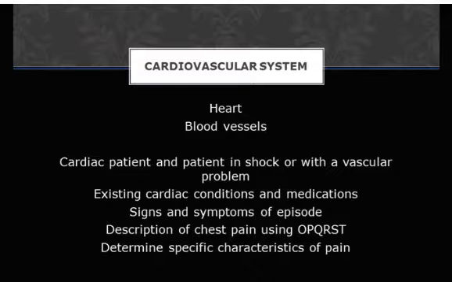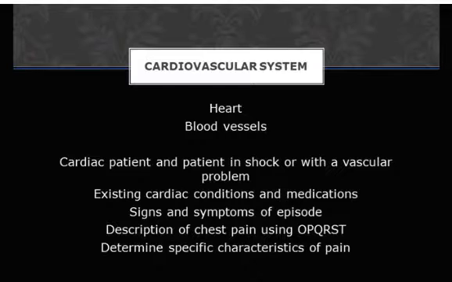We're looking for a history of heart disease. We're looking for a history of atherosclerosis or something where we've got either plaque building up or hardening of the arteries. Sometimes patients know they have this and they can tell you if we simply ask. We're looking for existing cardiac conditions.